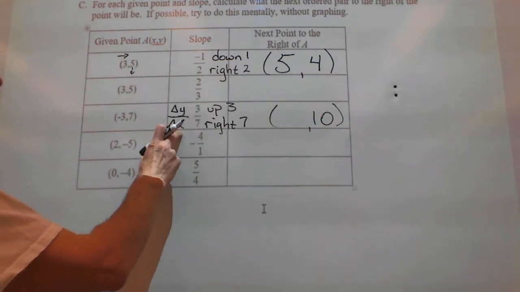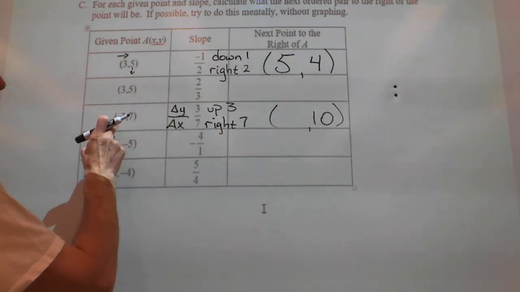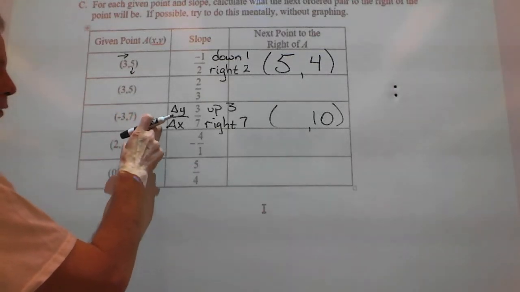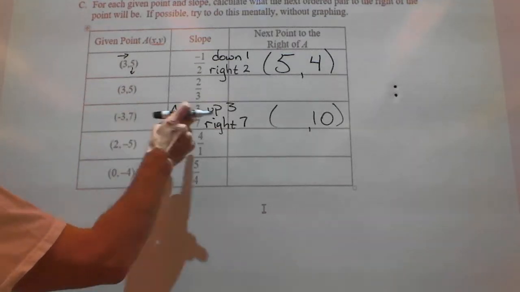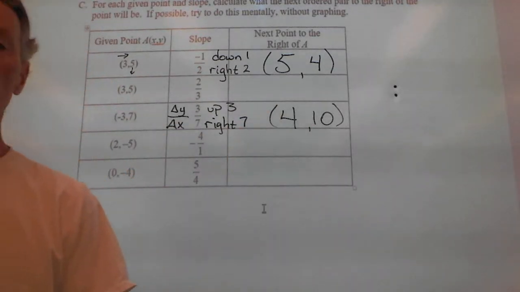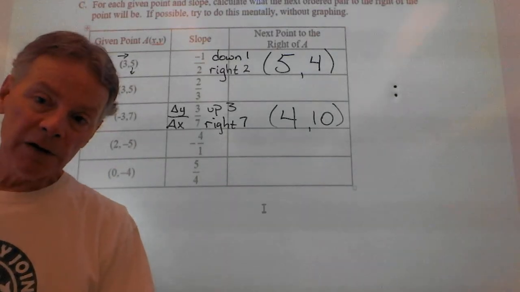For our x value, we're going to go to the right 7. So we're going to start at -3. We're going to go -3, -2, -1, 0, 1, 2, 3, 4, or -3 plus 7. That gives us 4. Okay? I hope that made sense.